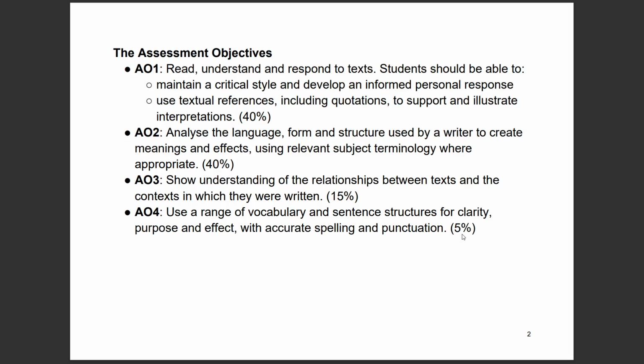Now, it says 5%. The way it works in literature is that you only get marks for certain questions. So the important thing here is that on the one hand, you might think it's only 5%, but on the other hand, grammar does affect the way you write and the meaning of your writing, okay, the clarity of your writing.